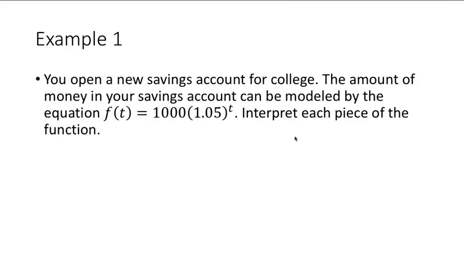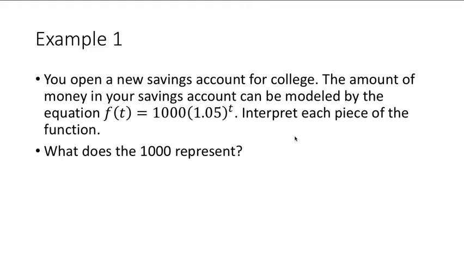So let's look at an example. Here's our situation. You open a new savings account for college, and the amount of money in your savings account can be modeled by this equation, f of t equals 1,000 times 1.05 to the t power. We're going to interpret each piece of this function. So let's start with the 1,000.